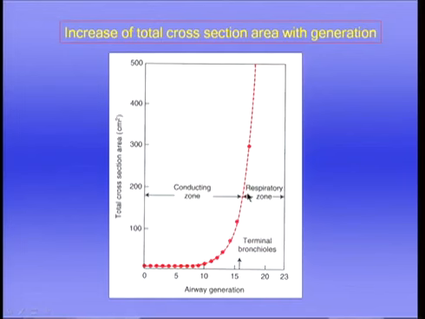Now, this has important implications in lung disease because it turns out that most of the pollutants therefore deposit in this junction here between the conducting zone and the respiratory zone. The reason is that pollutants are small particles, or aerosols as we call them, like tobacco smoke, for example.